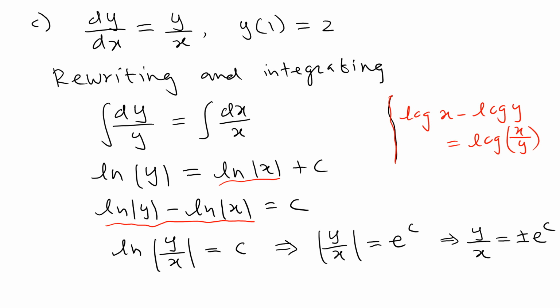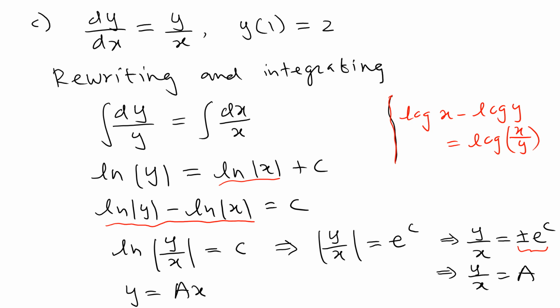Now you can see that plus or minus e to the c is just a number. So we just call this number a. Then y over x equal a. If you multiply, then you can write the answer as y equal ax. So that is the general solution for this one.